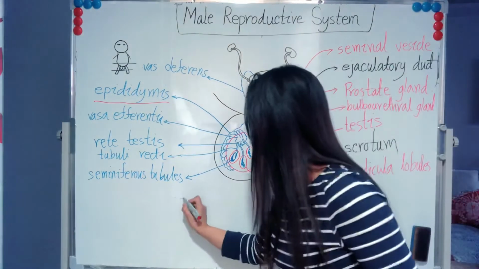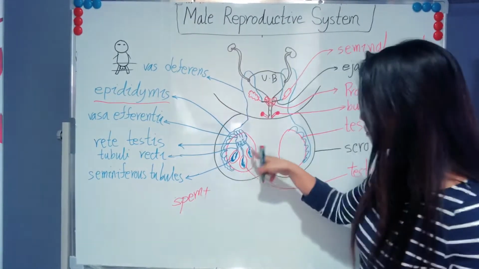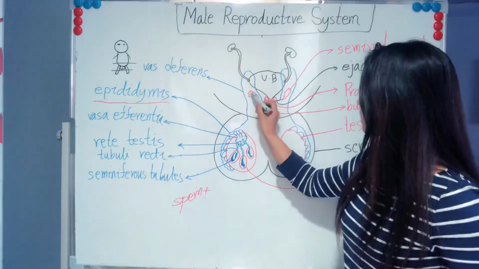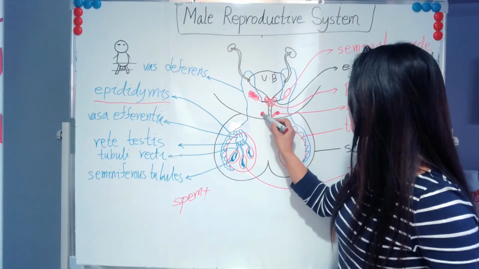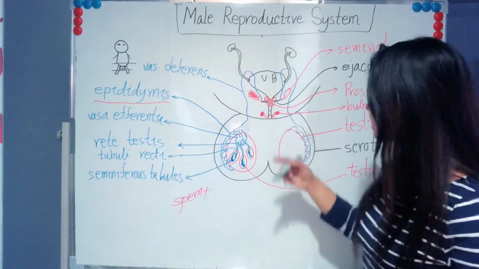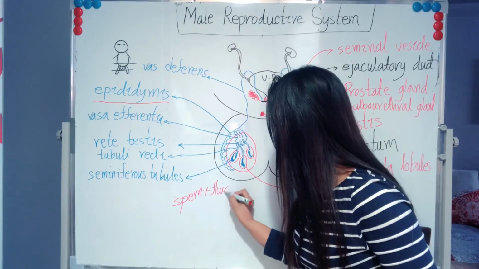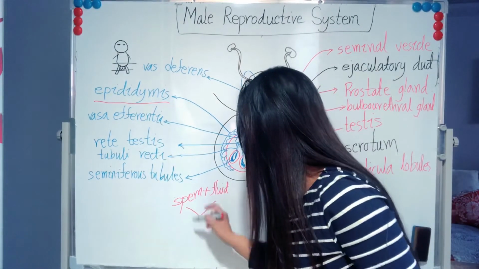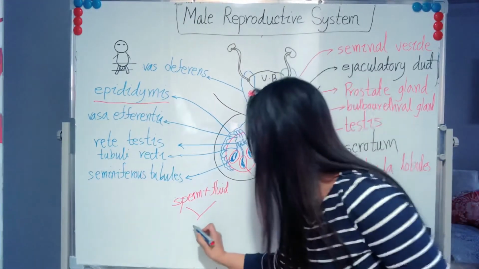So testes produce sperm, and these glands, the seminal vesicle, the prostate gland, and the bulbourethral gland, secrete some fluid. Sperm and this fluid together are called semen.